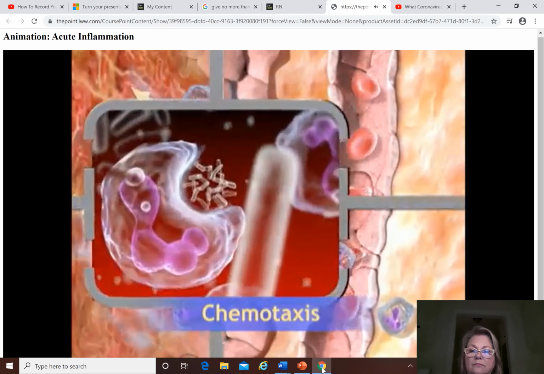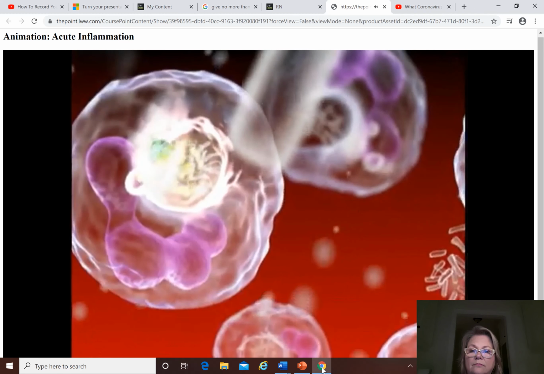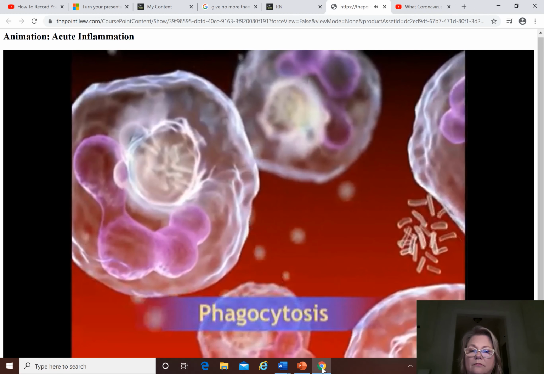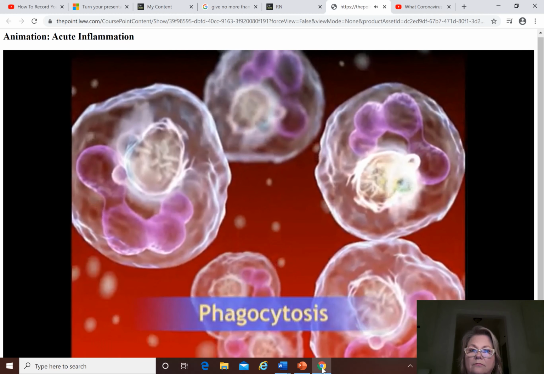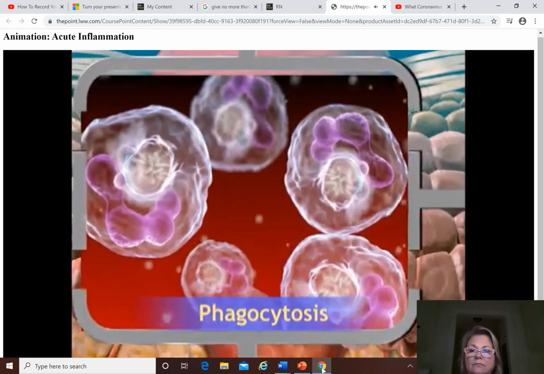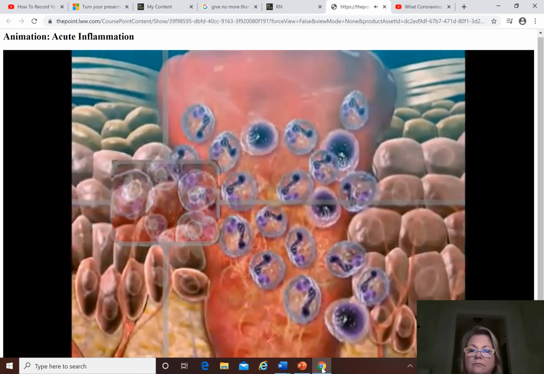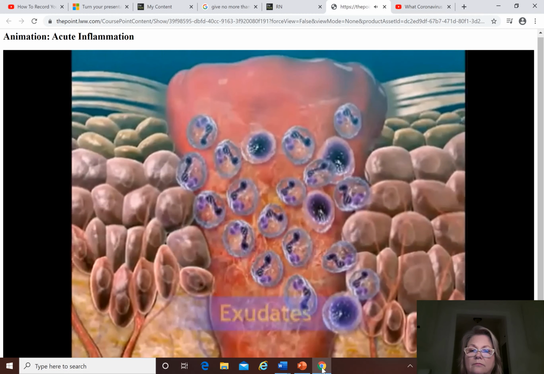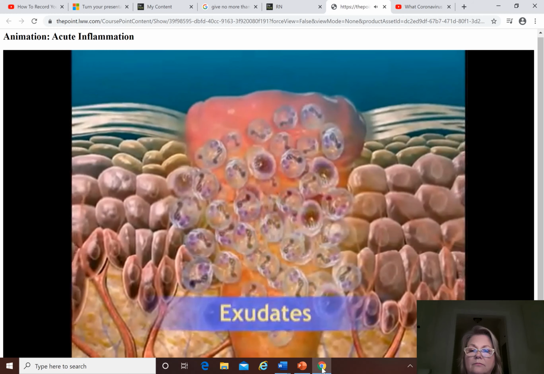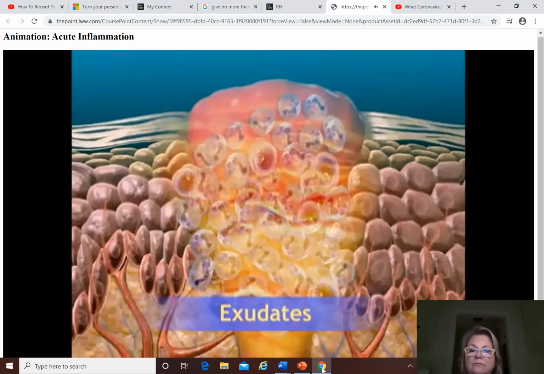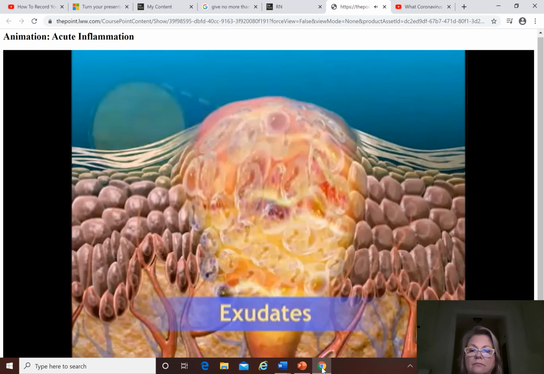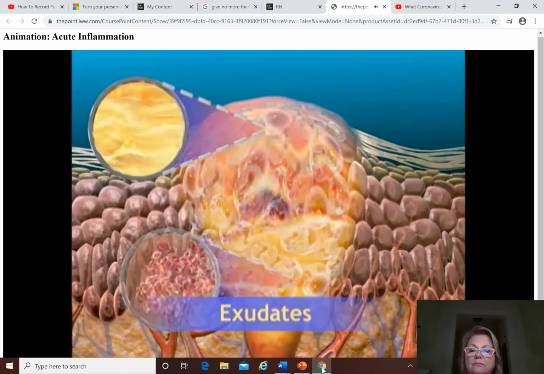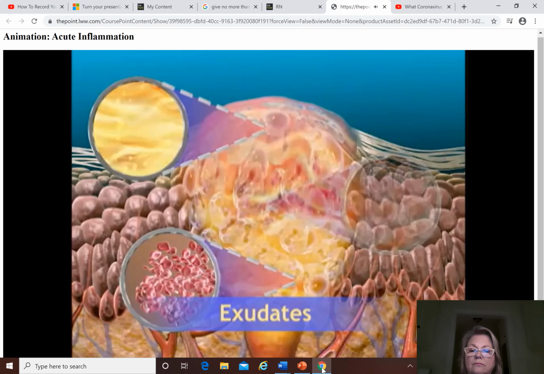The cellular stage culminates in the leukocytes engulfing and degrading the bacteria and cellular debris in a process called phagocytosis. Products of phagocytosis, along with plasma and blood cells, form exudates, which accumulate, causing swelling and pain. Exudates are composed of serous fluid, red blood cells, fibrinogen, or tissue debris and white blood cell breakdown products.